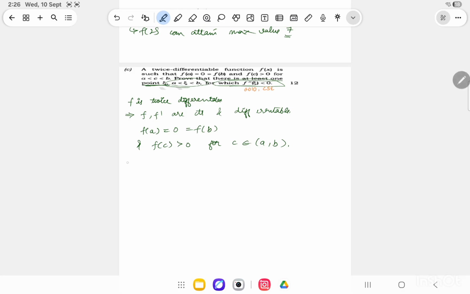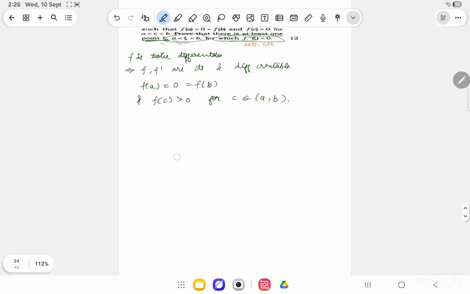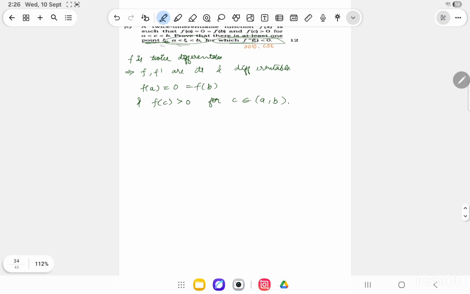So in the question it is given that since f is twice differentiable, f and f dash are also continuous on the closed interval [a, b] and differentiable on the open interval (a, b). Also there is a c in between (a, b) such that f of c is greater than 0.